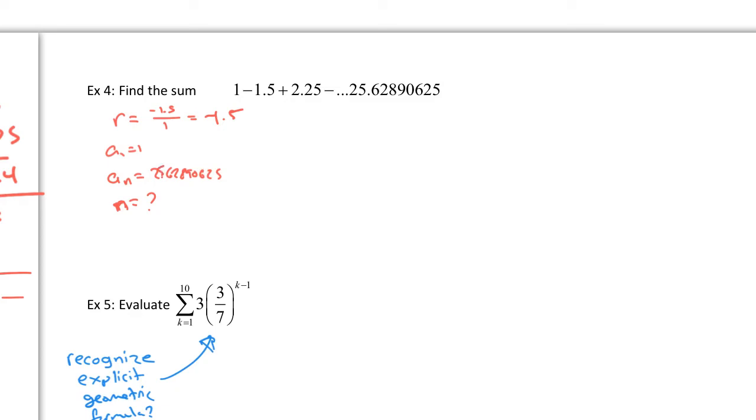But I don't know the n for that, because if I'm going to use my sum formula, I need to know how many terms there are, because we've got 1 from the first term, 1 minus r, negative 1.5, but I don't know n, and that's what I have to find. So I'm going to solve for n, and when we set up our equation here to solve for n, we actually run into a little bit of a problem.